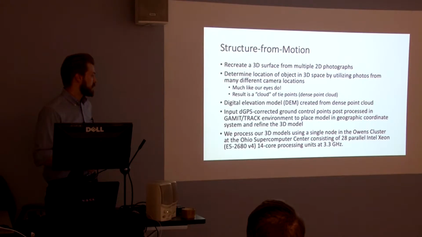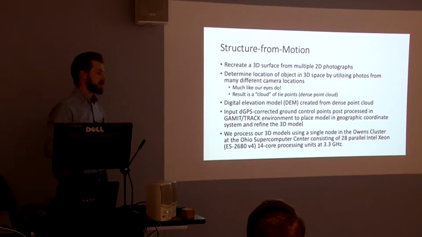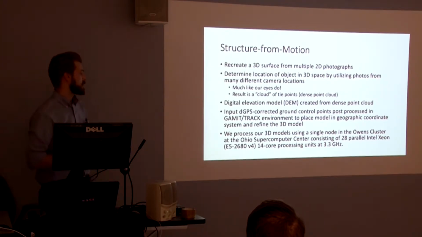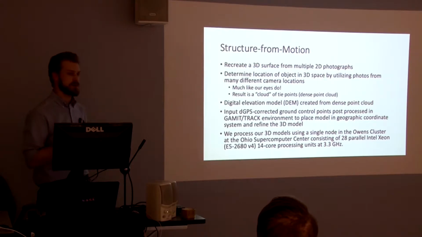And the result is a cloud of tie points. And we can derive a digital elevation model looking at surface elevation from these point clouds. And we use differential GPS to correct the ground control points that we set. We tag these in the photographs, and we've been processing our 3D models at the Ohio Supercomputer Center, which makes things a lot easier for us.